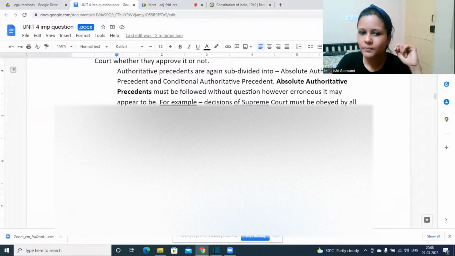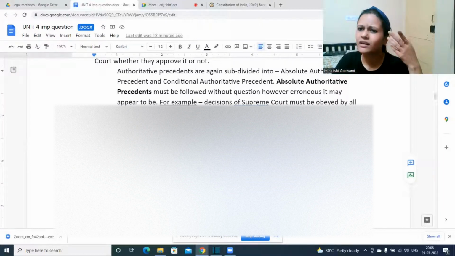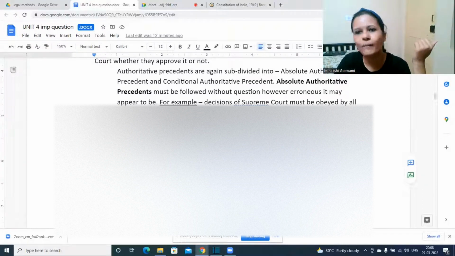Another type we have is persuasive precedent. Persuasive as in those which the courts are not bound to follow. As such, it's not binding, though they may take them into consideration while giving a decision. If you feel okay, you can consider. If not, you ignore it. No binding obligation. This is persuasive precedent.